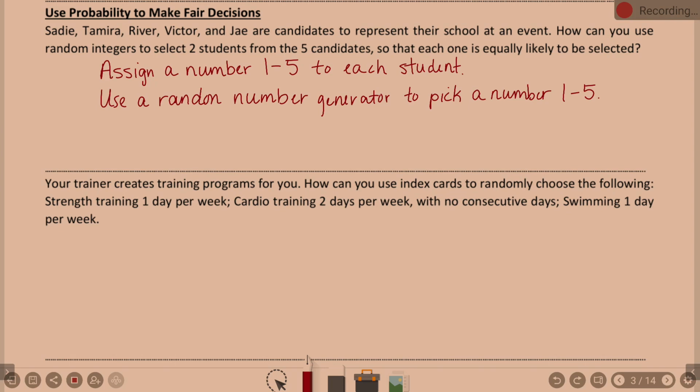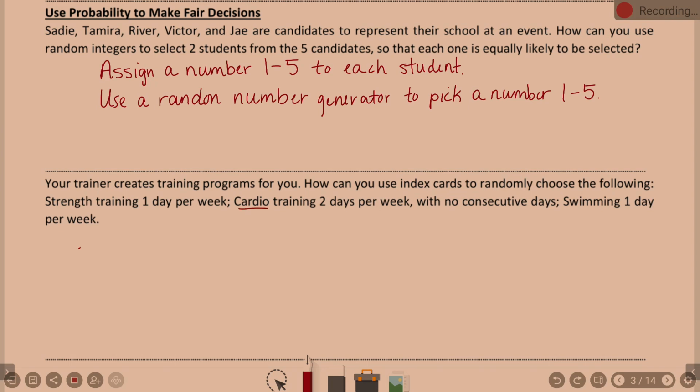Draw 2 cardio cards, and then a day for swimming. There are options. You're doing some kind of combo here, putting this information on cards and drawing, kind of like assigning numbers. In all cases, it's redraw if you get cardio consecutive.